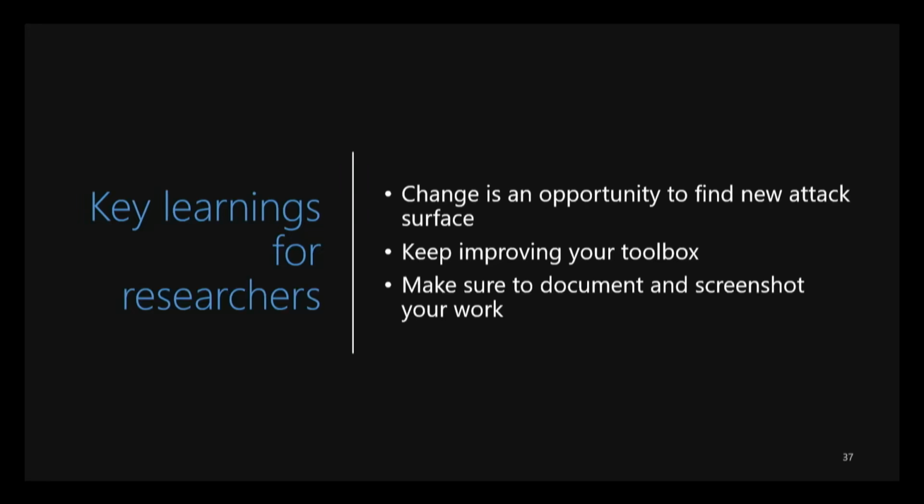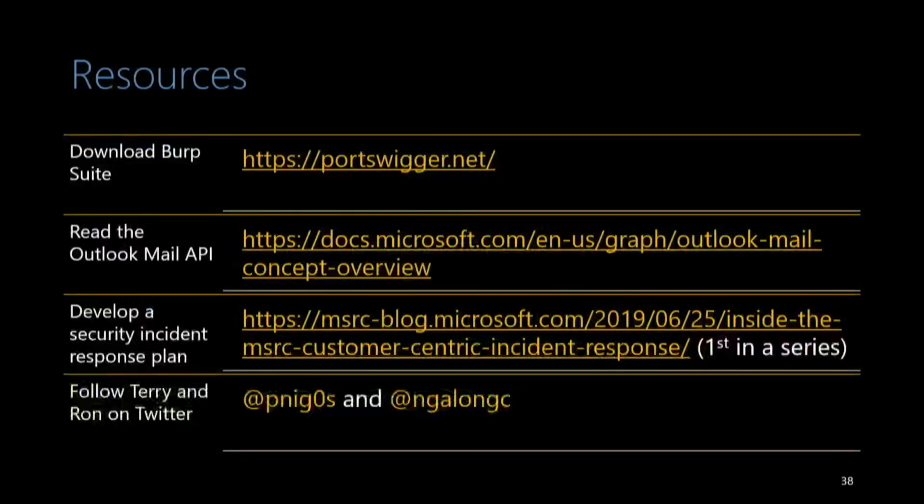But the reason for researchers to always screenshot and document your findings is that in this way, you can learn from the past, and also you can always keep evidence and keep your work for future use. You don't know when you will need them. So this is my final tip. Make sure to document and screenshot your work. Thank you.